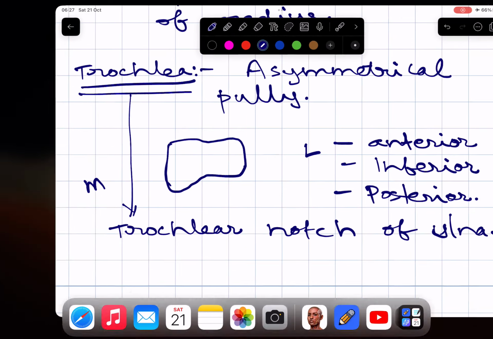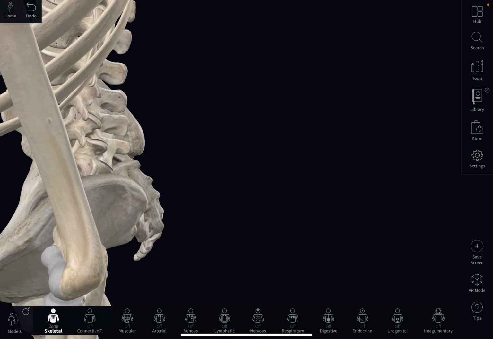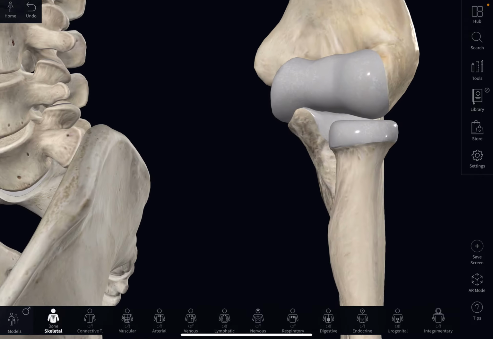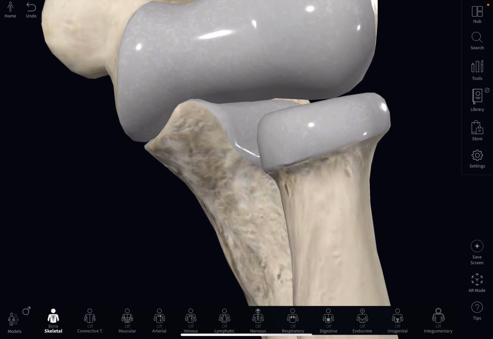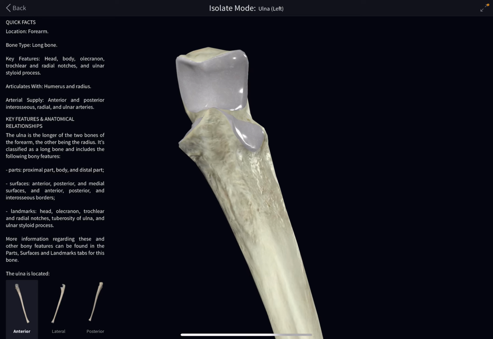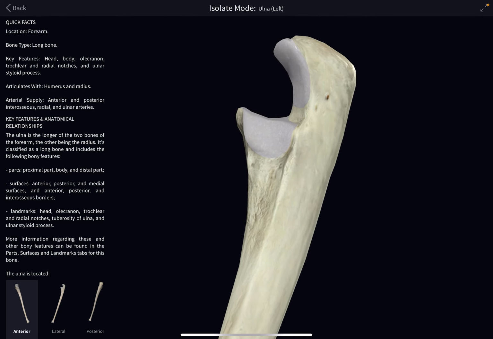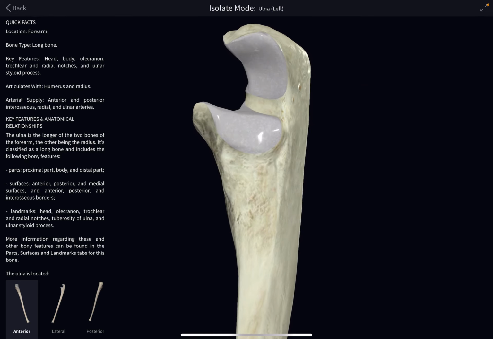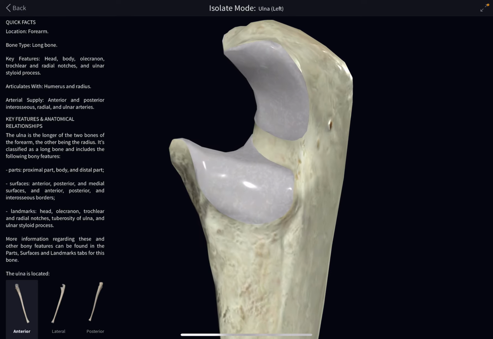Here is the trochlea, and it's going to articulate with the ulna. If I isolate the ulna, you'll be able to see this hook-like process enclosing a concavity inside, which is the trochlear notch. This trochlear notch is formed by both the coronoid process and the olecranon process. Which one is the olecranon process?